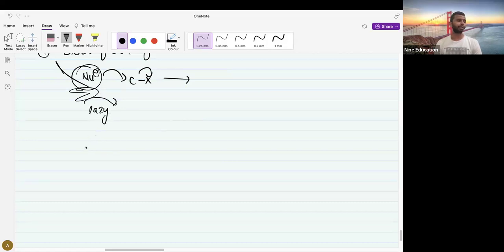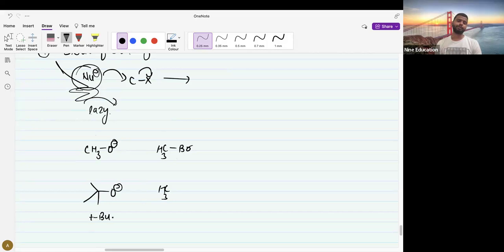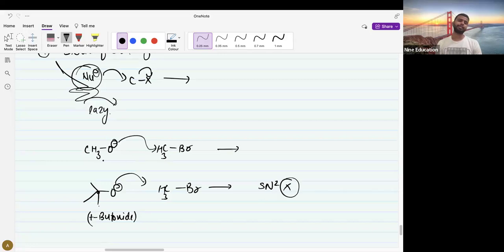So let's take two examples. This is one nucleophile attacking on CH3Br, and let's say we have tertiary butoxide, the 3 degree one. If it is attacking on this carbon, it can't do an SN2 reaction, but it can do better because it itself is small.